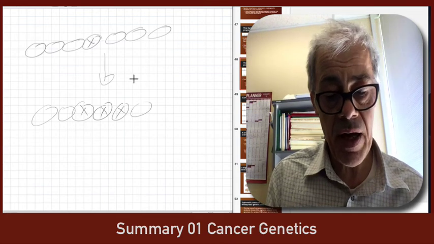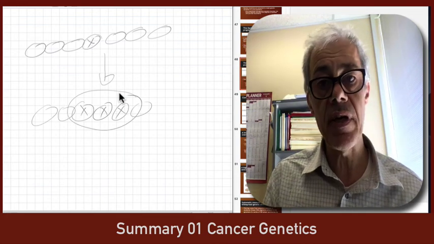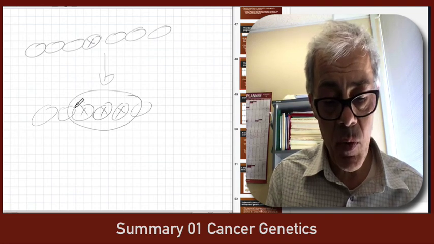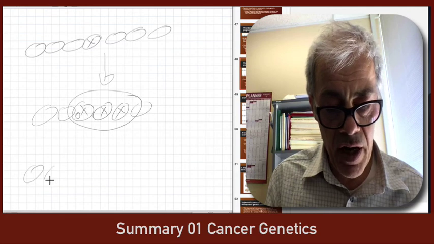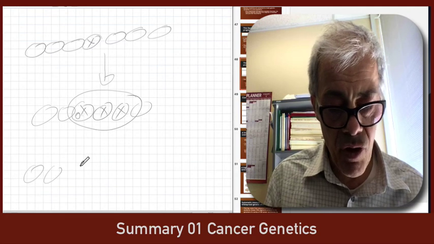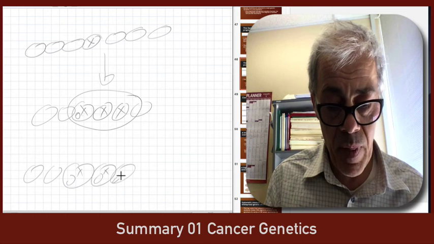So you start to have a higher proportion of these, okay? And then within one of these cells, another mutation occurs, so that over time this one now can grow at a faster rate than those around it, all right?